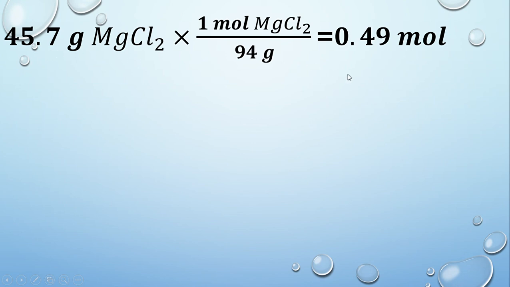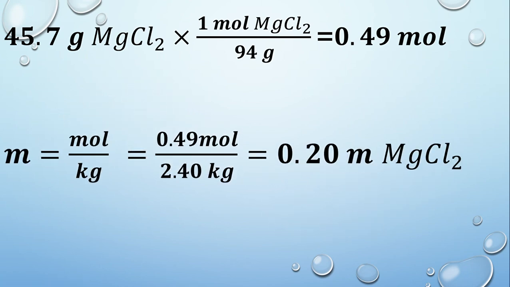The answer is 0.49 mole. And after that, proceed na tayo sa formula, which is molality is equal to mole per kilogram. Let's substitute na lahat. 0.49 mole divided by 2.40 kilogram. The answer is 0.20 molality of magnesium chloride.